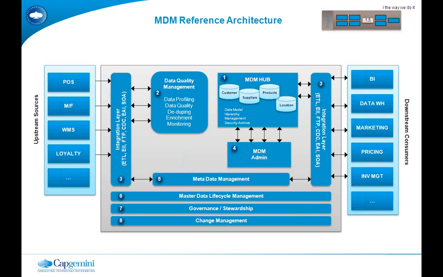The data integration pieces are labeled number 3, so we're going to have all forms of integration for the data coming in and out of the MDM hub, managed by an administrative front end, and then supported by metadata management and master data lifecycle management, so the definitions around that data lifecycle, appropriate data governance and stewardship, and then change management in the business as well, because we're going to be affecting the way business is running on either side.